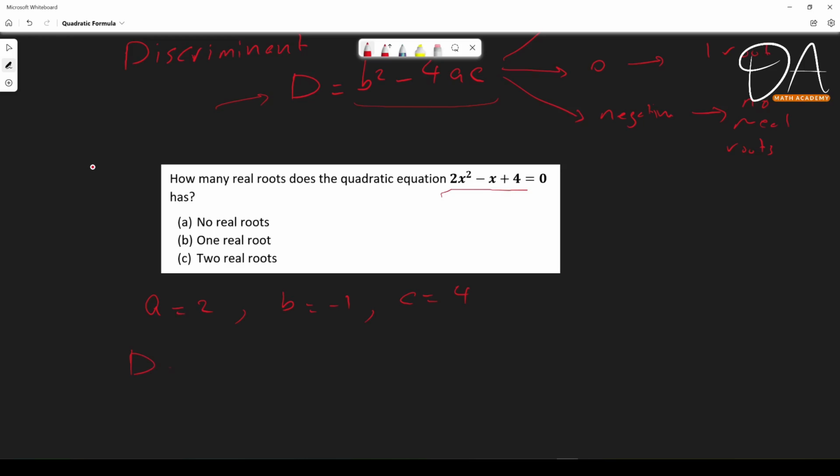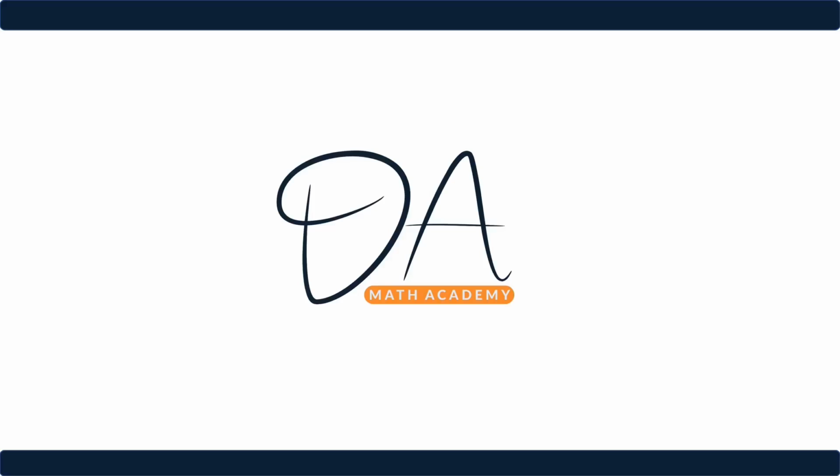If we compute the discriminant, we'll have b squared, which is 1, minus 4 times a, which is 2, times c, which is 4. This gives us 1 minus 4 times 2 is 8, times 4, that is 32. So this one is minus 31. Now this is negative. We know that if it is negative, there are no real roots. So the answer will be no real roots.